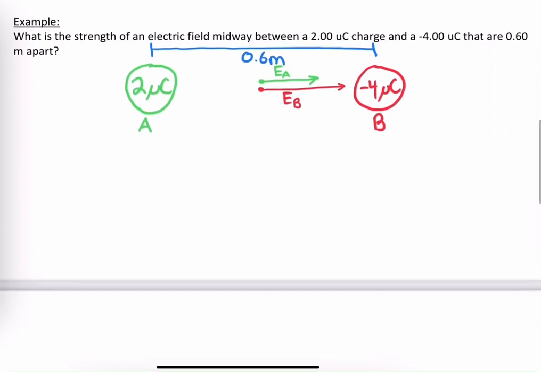So let's figure out what they each are separately, and then we can combine them together. The formula for the electric field created by a charge A is kQ over r squared.